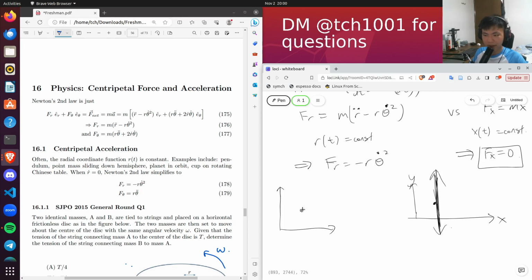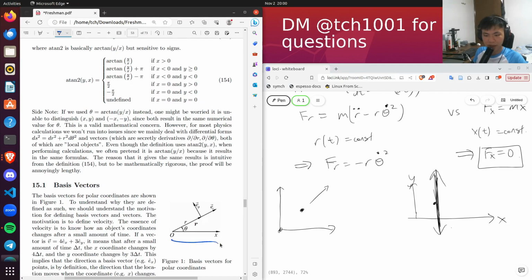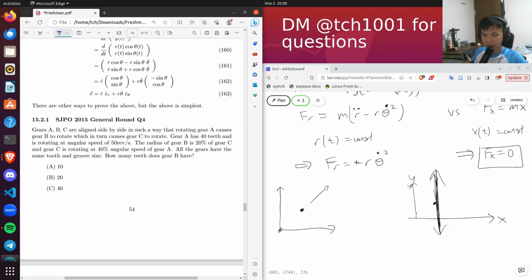And what does that look like? In the radial component, we know the radial direction points away from the center. If you're not sure about this, check out the lecture on basis vectors. This diagram should make sense. So that implies that if I want to keep something at the same radial coordinate, I actually have to apply a force that is acting inwards, and it's inwards because of this negative sign.